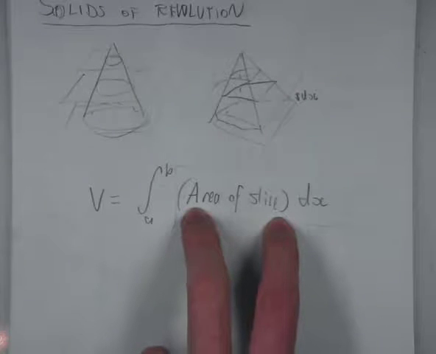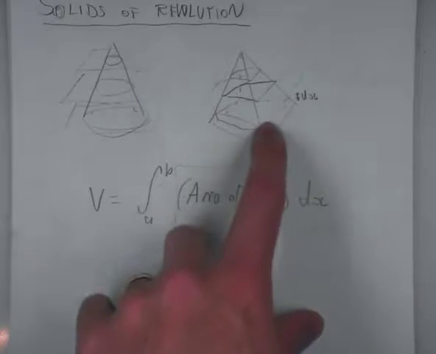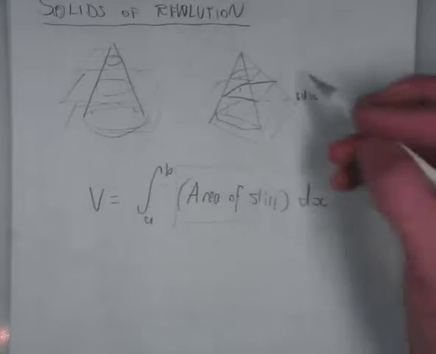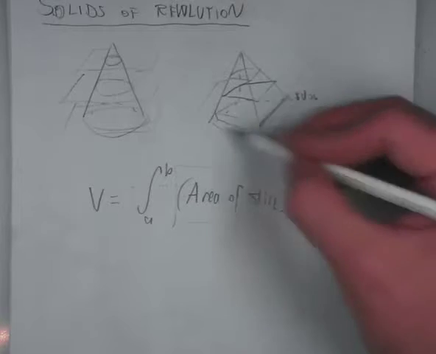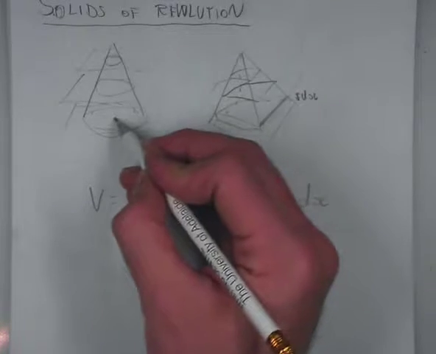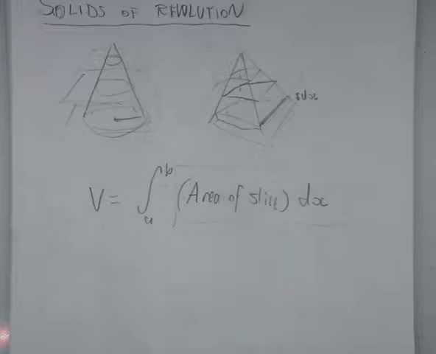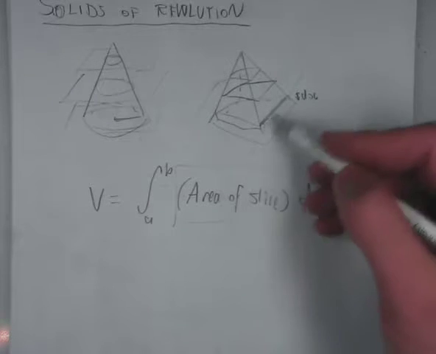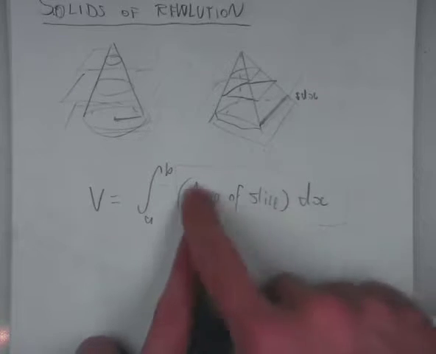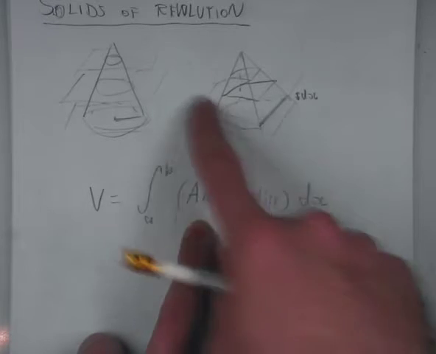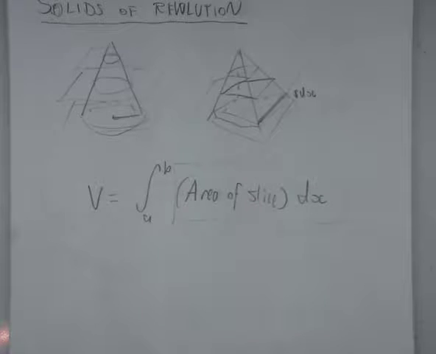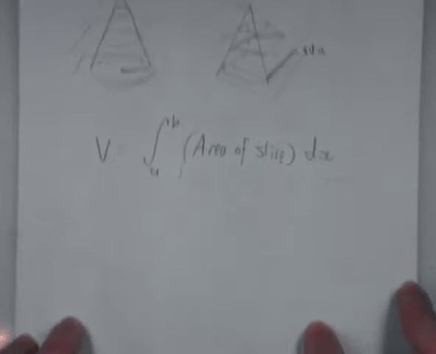So what you need to do is figure out what line tells you how big the area is. Because with the squares, if I knew how long this was, it would tell me the area of a square. And with the circles, if I knew how big the radius was, it would tell me the area of the circle. So each shape should be based on the length of some line somewhere. And so this area of the slice will change depending on how high up or how far across you are. And the only way that this makes sense is to do it as an example. So I'm going to do that, but that's the general intro to it.